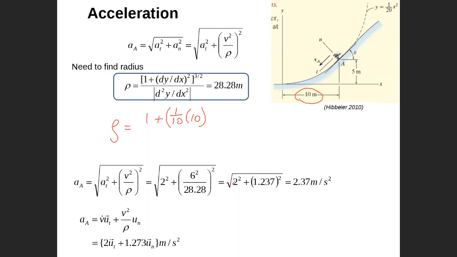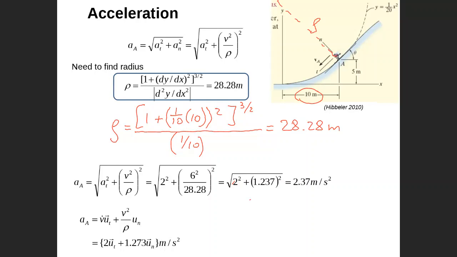Don't forget that it is squared, and we have to take it to the power 3 divided by 2 and divide by the second x derivative, 1 divided by 10 over here. When you calculate, you will get 28.28 meters. That's the radius of curvature when we are at point A.